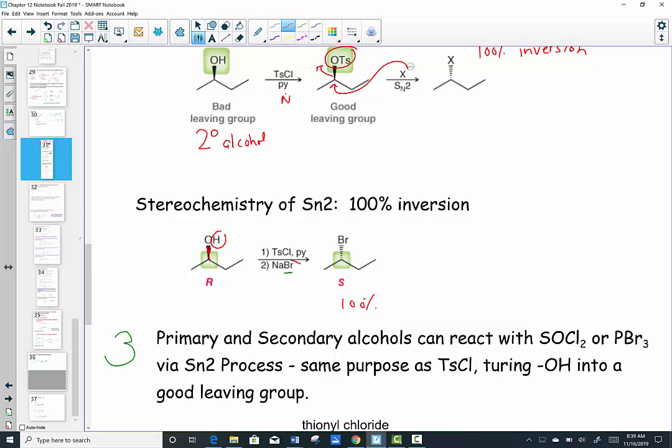And then here, notice we had NaBr. So if the halogen being added in the second step is a bromide, you would see an inversion of the halogen bromide. If you had a source of chloride, you could add a Cl across the bond there as well.